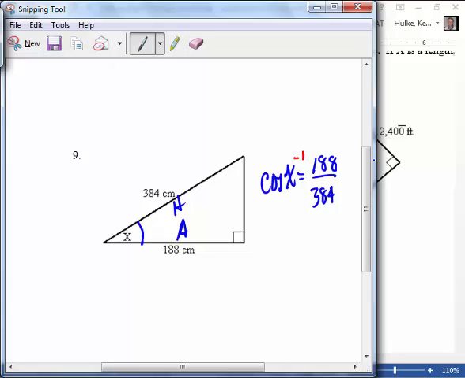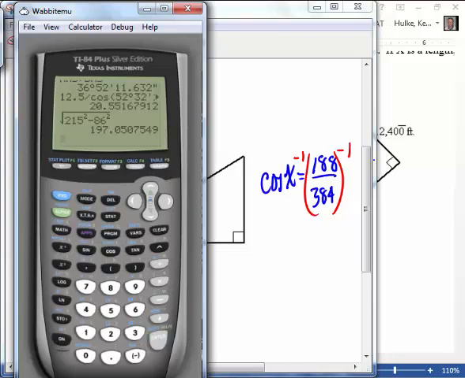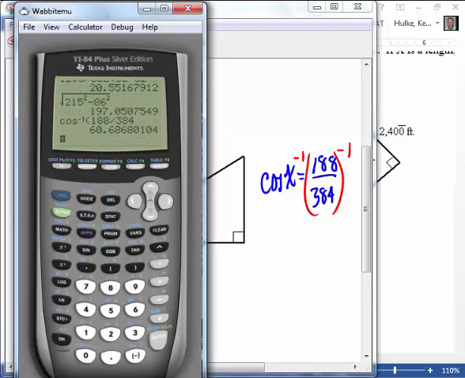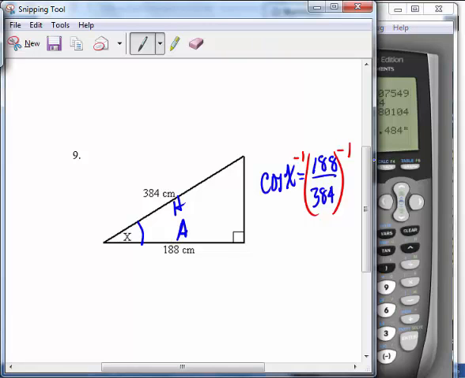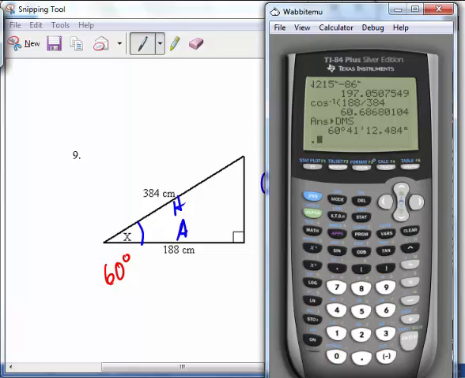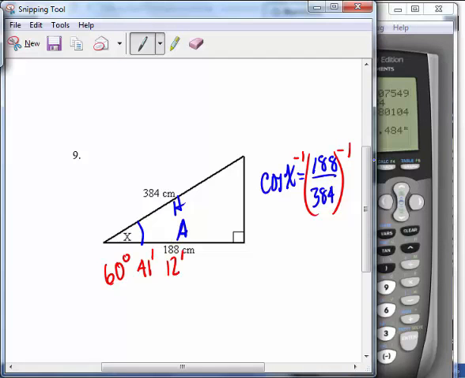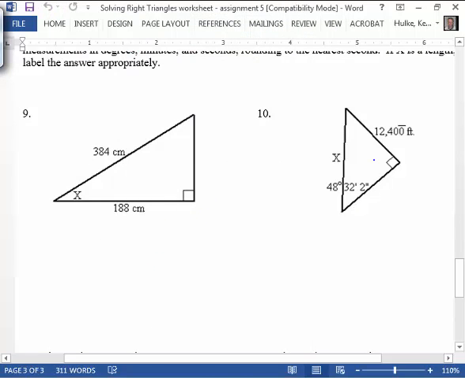Since we're looking for the angle, second function cosine 188 divided by 384 is, and then degrees, minutes, seconds, we get 60 degrees, I don't remember the minutes now, 41 minutes, 12 seconds. Next.